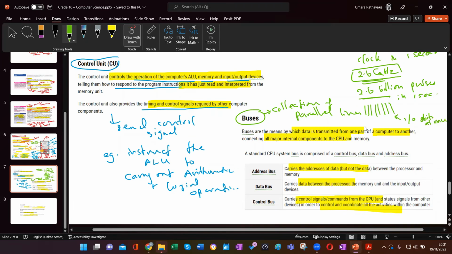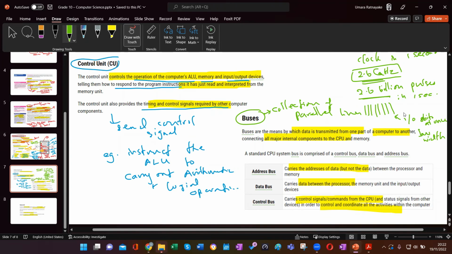So the number of parallel lines will affect the amount of data that we send at once, and the number of parallel lines we have is called the bus width. Now this is similar to the lanes on a road.